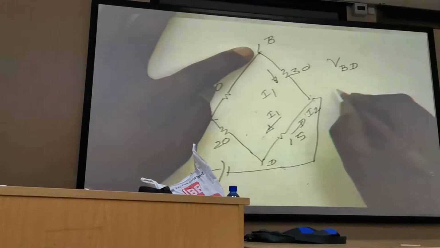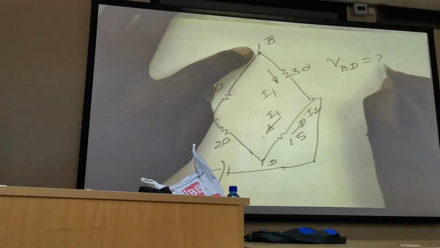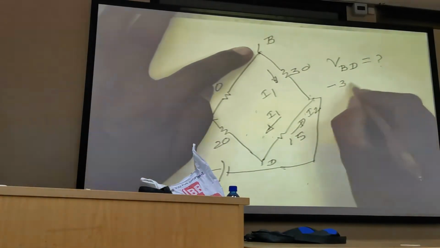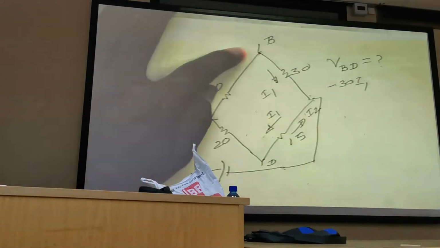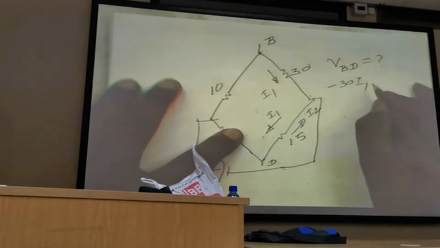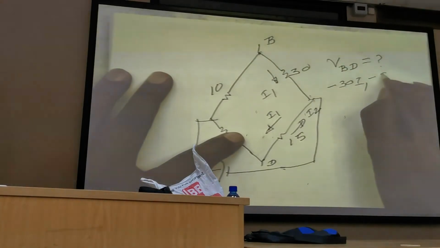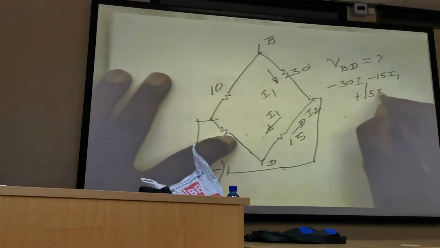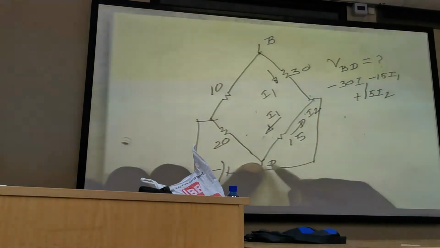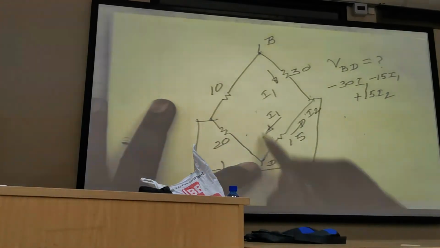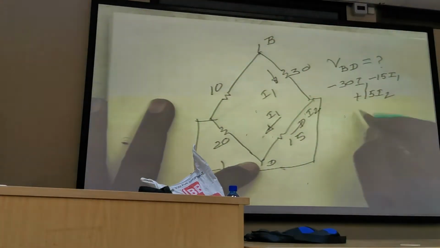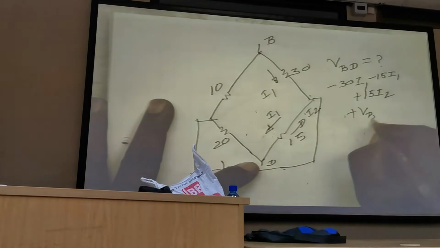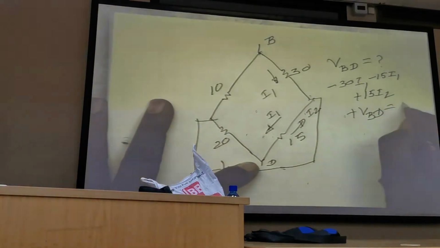Start from here. So 30 dB equal how much? Minus 30 I1, right? Minus 15 I1 plus 15 I2, clear? Now you are going from there to there. So VBD, you are going up, that is plus VBD, so equal to 0.